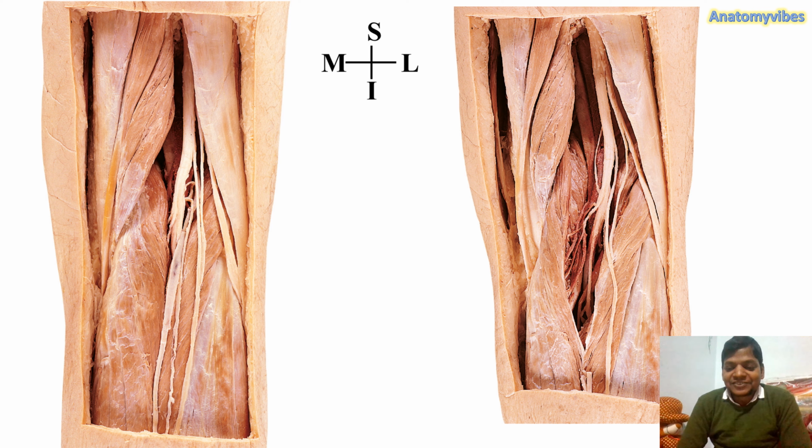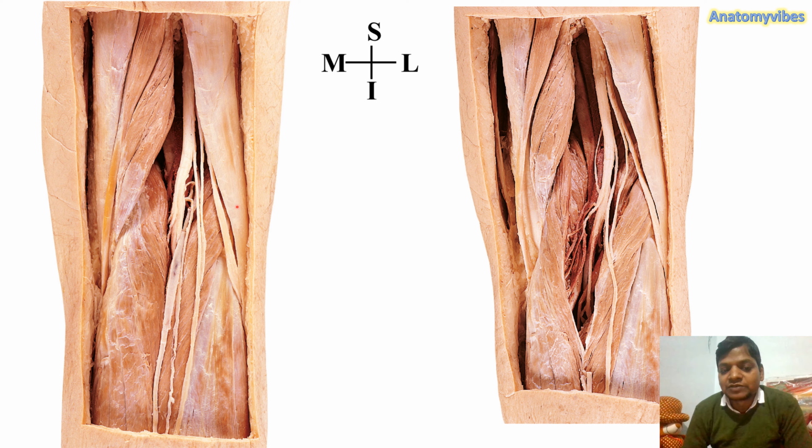We come to second topic, that is popliteal fossa. So you are seeing the back of the knee. So this is the region of popliteal fossa. So here you can see some of the muscles and content of popliteal fossa. So this is almost diamond shaped or quadrilateral in appearance, and here this is lateral side, this is medial side.